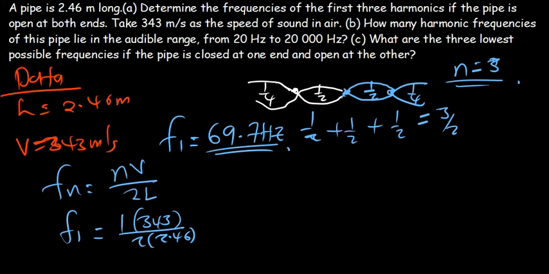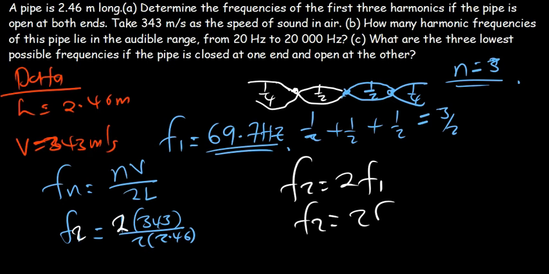For the second one, you can keep using the same formula. You just put 2 here, then for the third one, you put 3, because when it is open at both ends, n can be any natural number. But here I'm going to use the first result, 69.7. So the second frequency will be 69.7 times 2, which is 139.4.